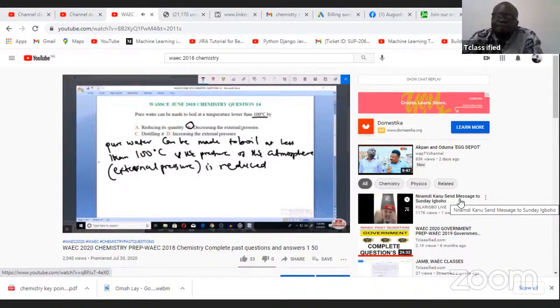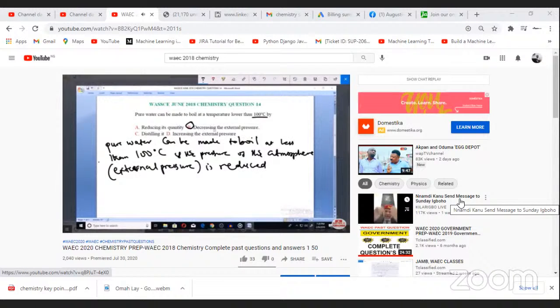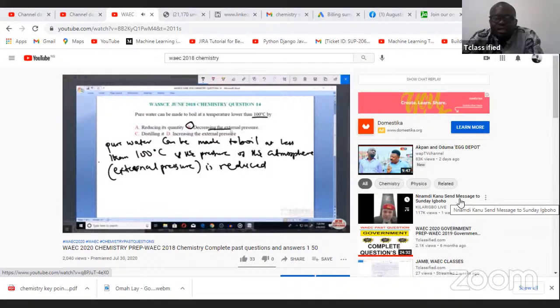You understand? Yes. So how can we make it boil at a temperature lower than 100? We get the external pressure reduced. The temperature of boiling has a lot to do with the atmospheric pressure. So when the atmospheric pressure is reduced, you can get the temperature of boiling to be lesser than 100, by reducing the external pressure. Okay.